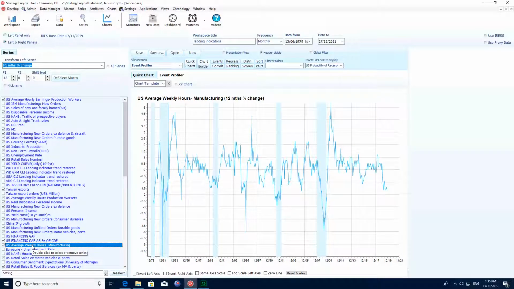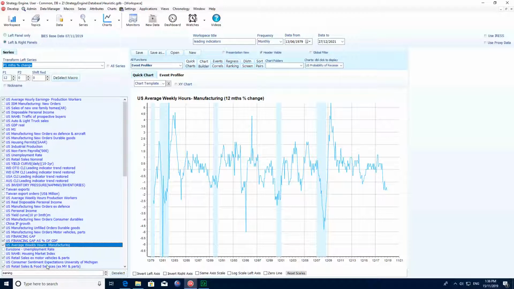Average weekly hours, looking at those on an annual basis, you can see that average weekly hours has been declining and is fairly weak, although we've seen it at these levels in 2004, a couple of times during the 1990s, and then also in the mid 80s. So similar to a lot of the other indicators, it's poor, but not always consistent with recession at these levels.